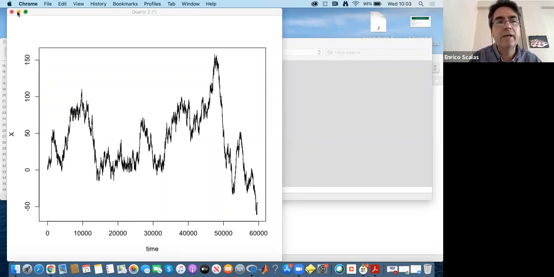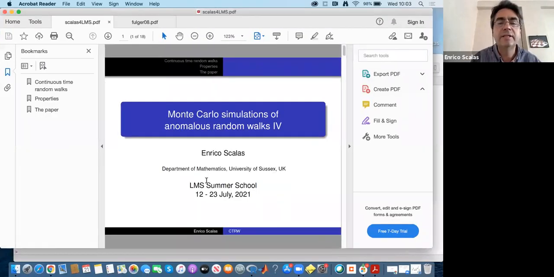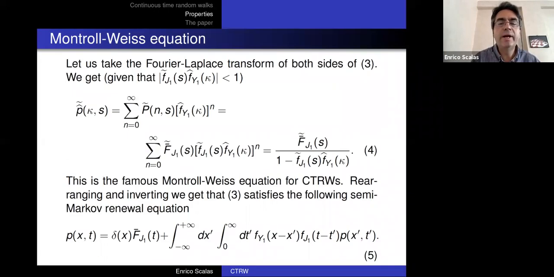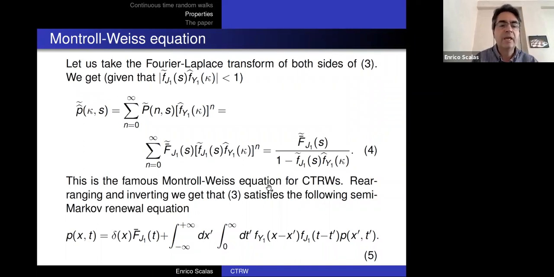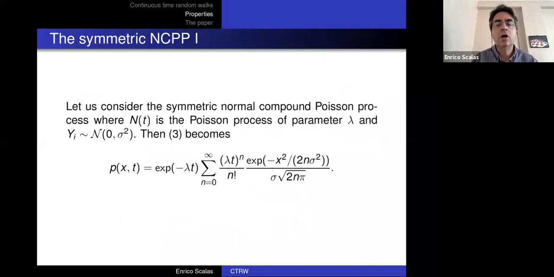Of course, we are not discussing philosophy, so let me go back to the presentation and put it full screen. Yesterday, we were essentially at this transparency, where we were introducing the normal compound Poisson process after computing the Fourier-Laplace transform and having the solution of the problem of finding the one-point probability distribution of the continuous time random walk.